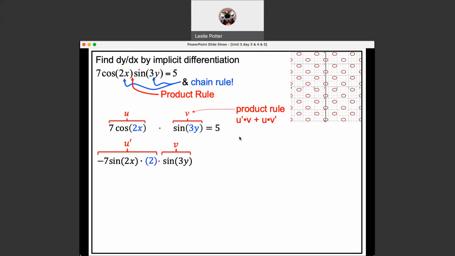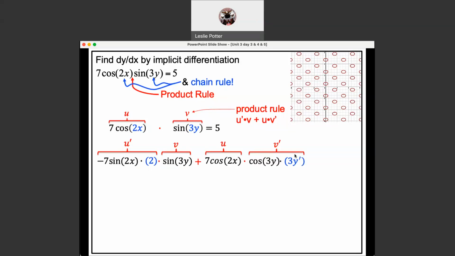And then I'm going to do my u v prime. So plus my u is the 7 cosine 2x. My v prime is differentiating sine 3y. So it's a chain rule. And it's also where you're going to see you have the implicit expression. So this is going to be times, now v prime is cosine 3y times 3y prime, right? That's the derivative of 3y because it's a y variable.